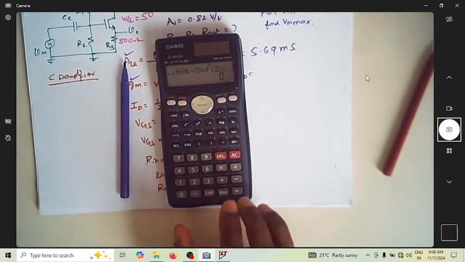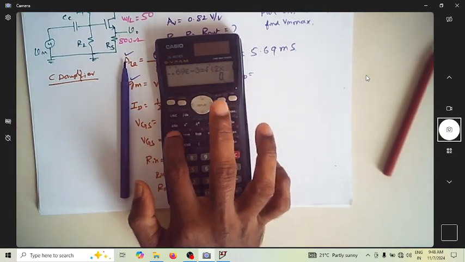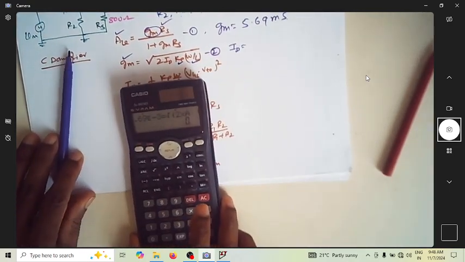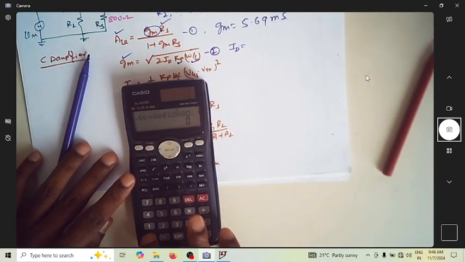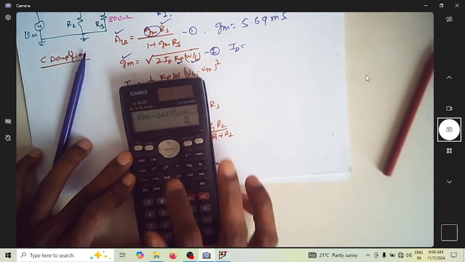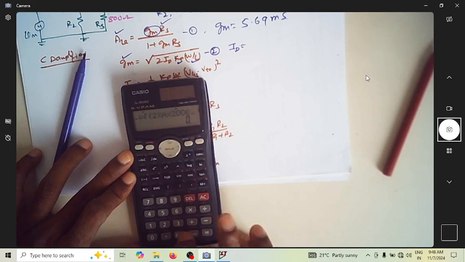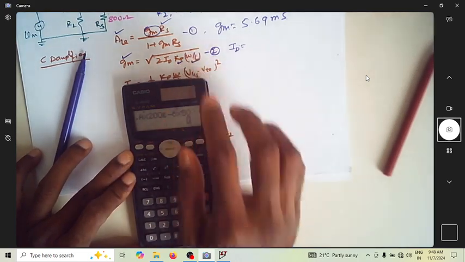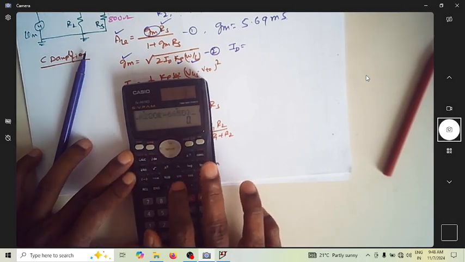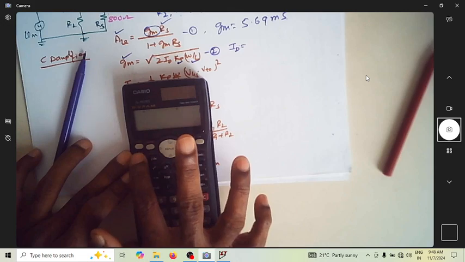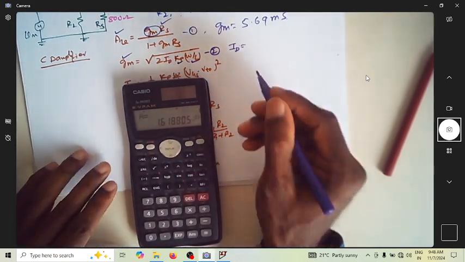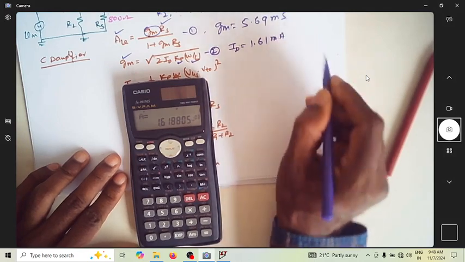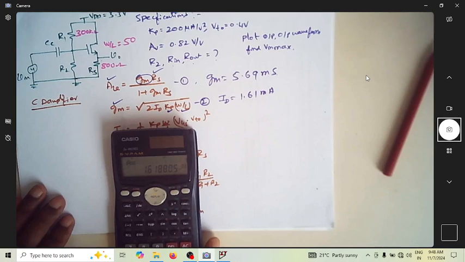It is 2 ID, and then we have KP is 200 into 10 to the minus 6 into W by L is 50. That's what this expression is. So close, shift solve. So I'll get the value of ID. ID is 1.61 milliampere. So we got the value of ID now.